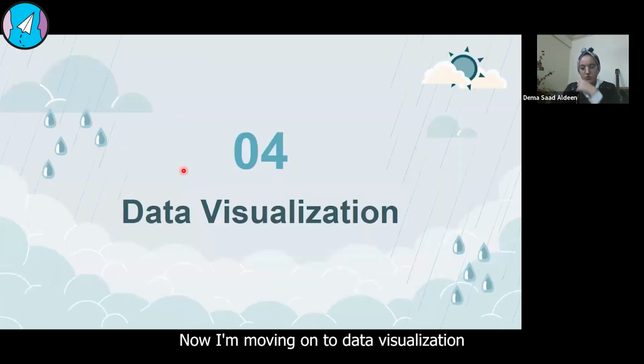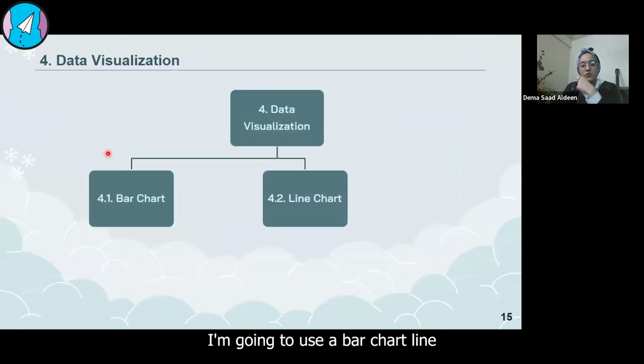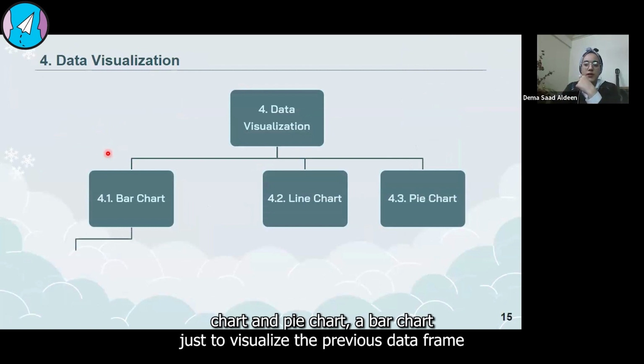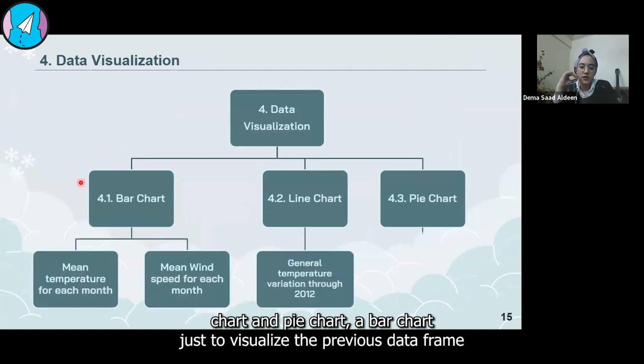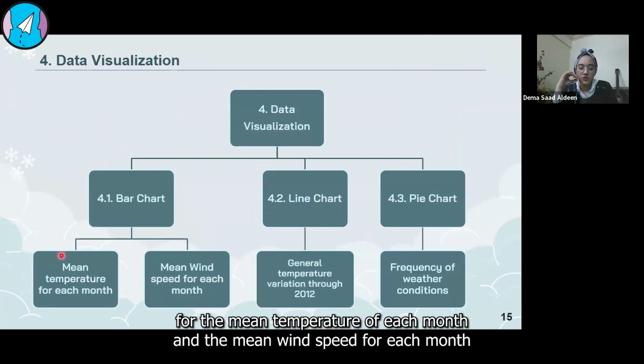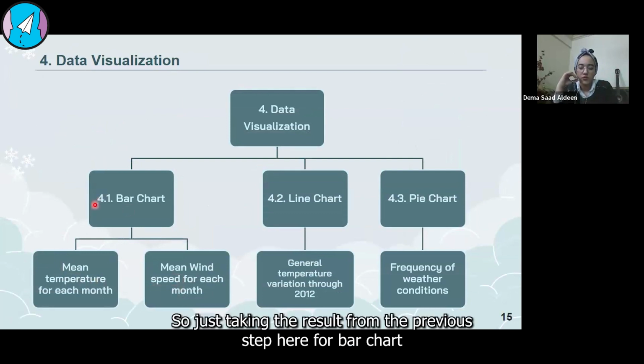Now moving on to data visualization. I'm going to use a bar chart, line chart, and pie chart. The bar chart is just to visualize the previous data frame for the mean temperature of each month and the mean wind speed for each month, so just taking the result from the previous step.